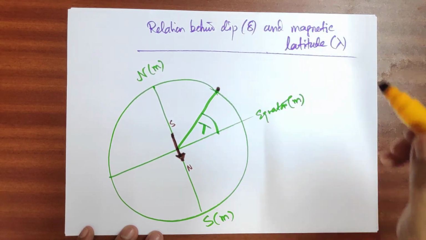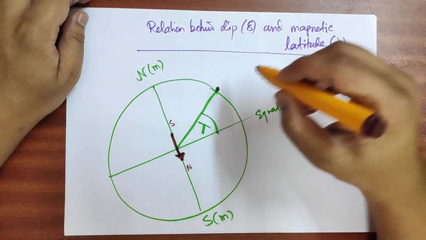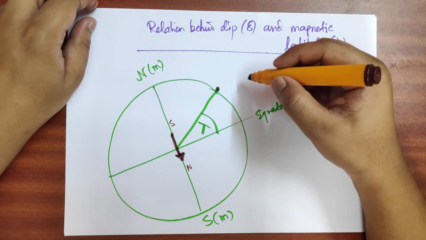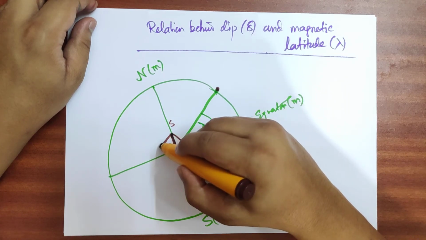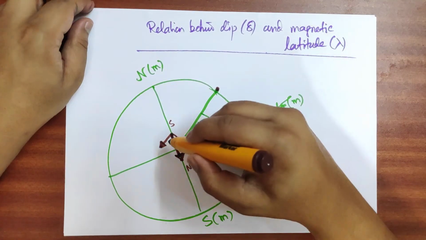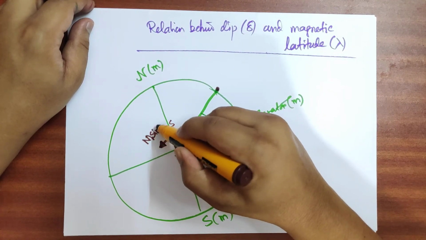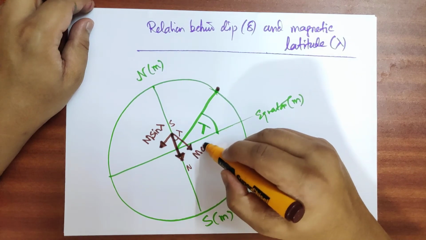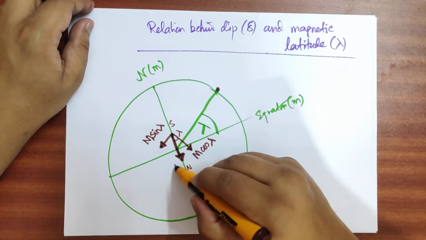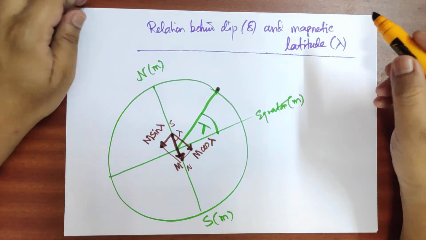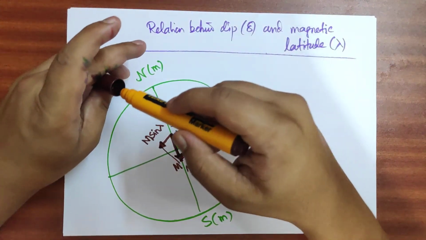So to find the magnetic field at this place, you can split it up like this, right? This is also delta, so this is M sine delta, this is M cosine delta. Due to M cosine delta, this point is the broadside position.